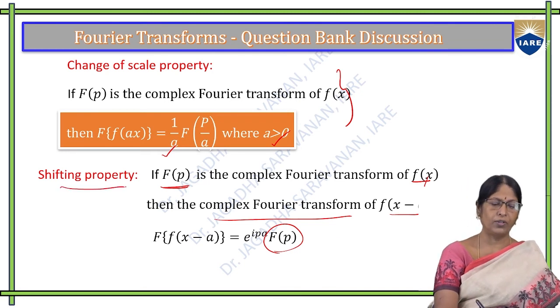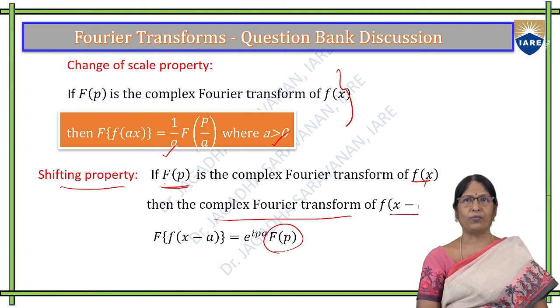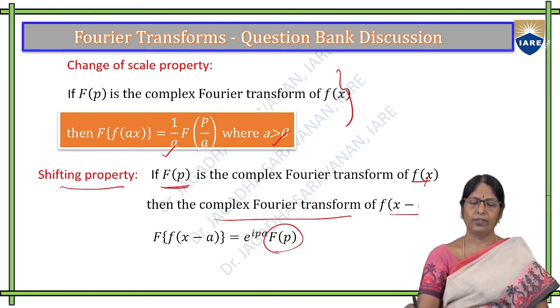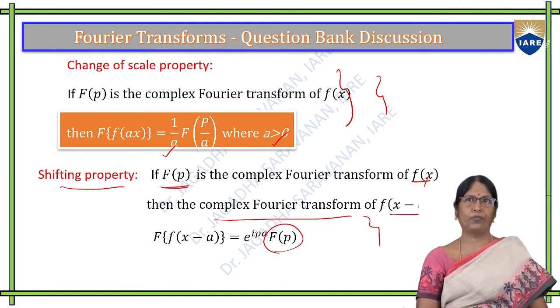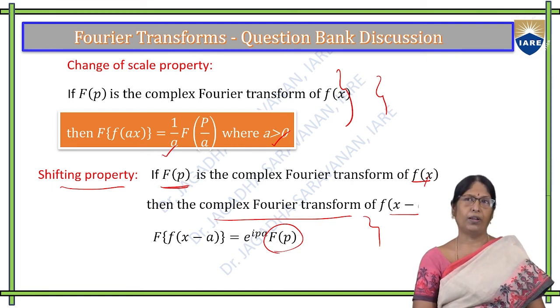That is our shifting property. We have to recall the formula. Just recalling is our Bloom's first level. At the second level we understand the proof and apply it. Recalling the formulas and comparing them with the given statement conditions will reach the third level.